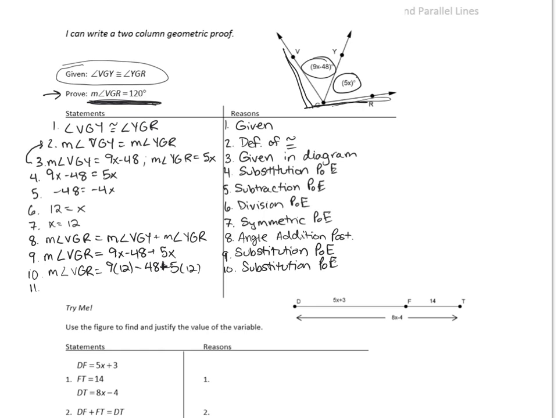So for my 11th step, I simply simplify that side of the equation, which is 9 times 12 gets me 108, minus 48, plus 60. I'm having a morning, aren't I? Well, that means, final step, that the measure of angle VGR is in fact 120 degrees.